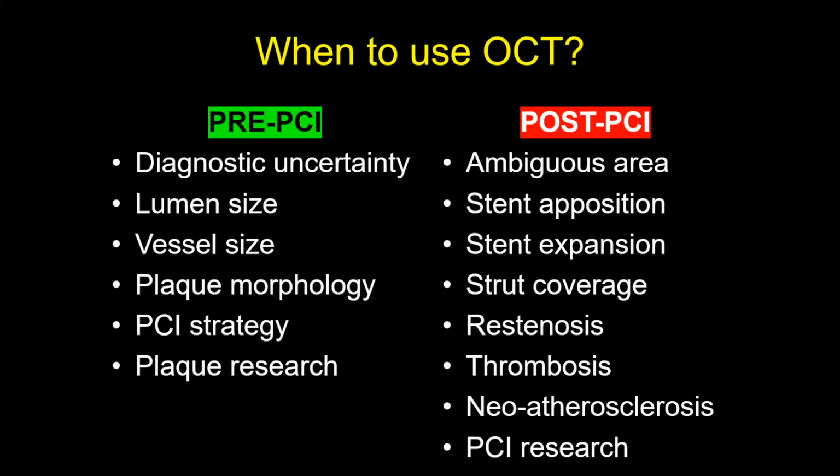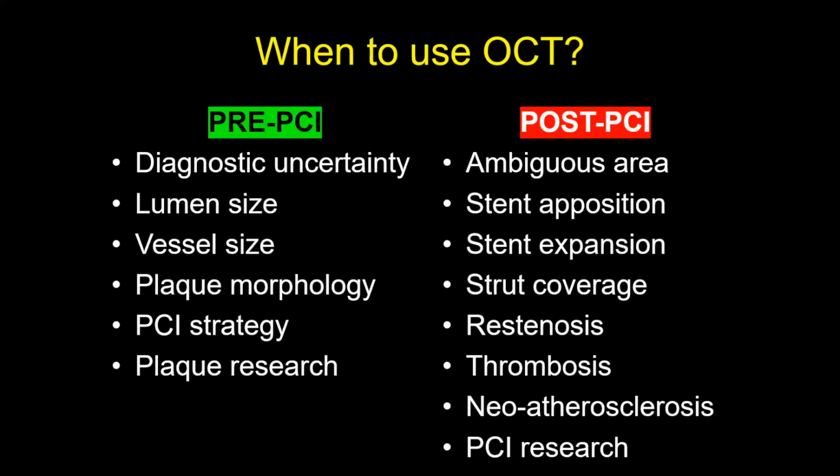Once you have done PCI, the main reason for me would be if there is an ambiguous area, where you are seeing something at the end of the stent or in the stent, and you are not sure what it is. OCT will give you a clear idea what you are dealing with. You can see the stent apposition, the stent expansion, and at follow-up, if you're doing it, you can see the strut coverage.